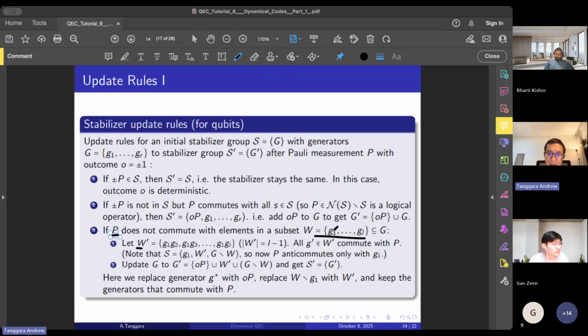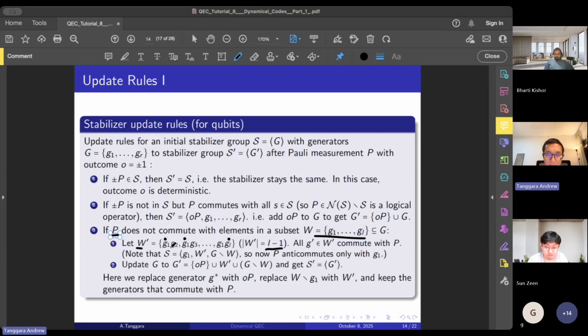I take G1 out of W, and then I multiply G1 with the rest of the elements of W. So I multiply G1 with G2, G1 with G3, all the way to GL. So it has size L minus 1.